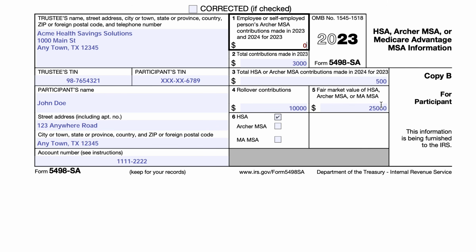So if for some reason there's a deemed distribution because it stops being an HSA, if you pass away and it becomes taxable income to the beneficiary, that may happen in the case of a death where the beneficiary is not the spouse. It becomes a deemed distribution. And the same thing with an Archer MSA. So that's the primary reason for reporting fair market value.